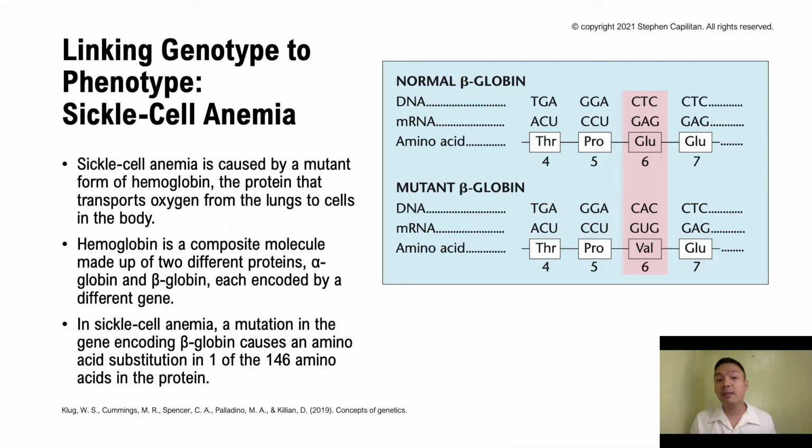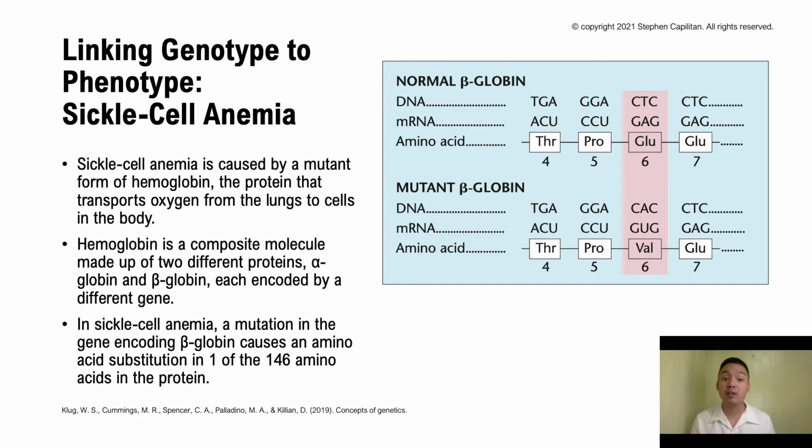So we will now link genotypes to phenotypes. In this case, we will focus on a disease we call sickle cell anemia. Sickle cell anemia is caused by a mutant form of hemoglobin, a protein that transports oxygen from the lungs to the cells of your body.